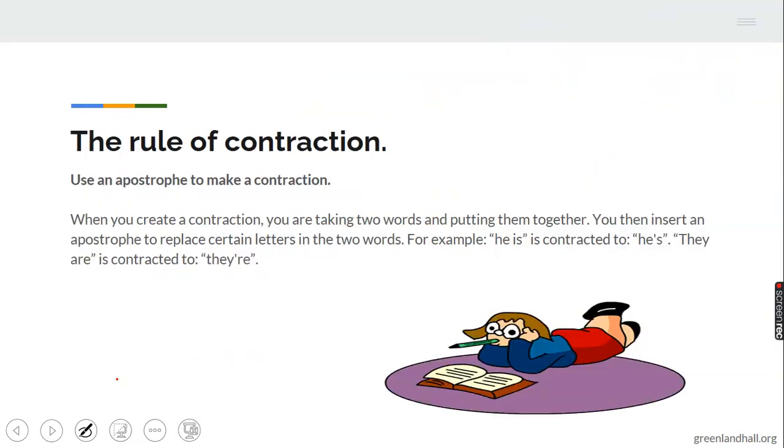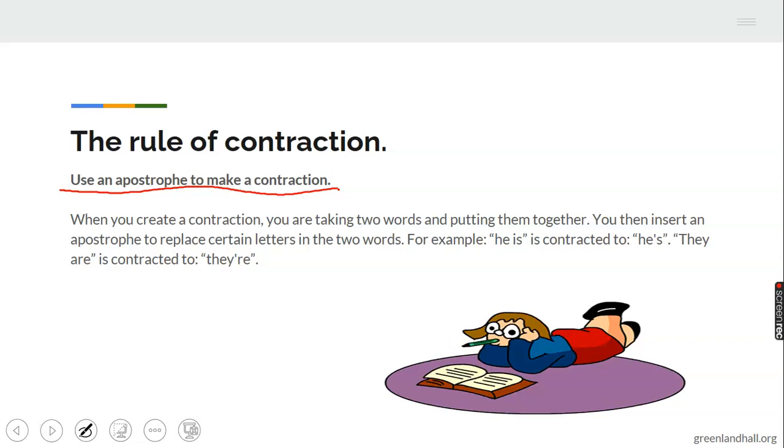Okay, what is the rule of contraction? Take note of this. The rule is that you use an apostrophe to make a contraction. I have told you the importance of the apostrophe before. Without the apostrophe, the words you have just formed will not make complete sense. So you need the apostrophe.